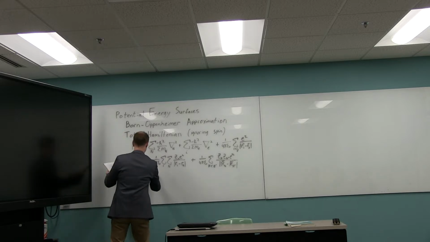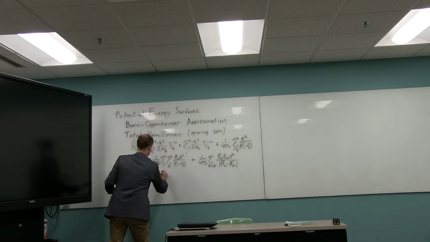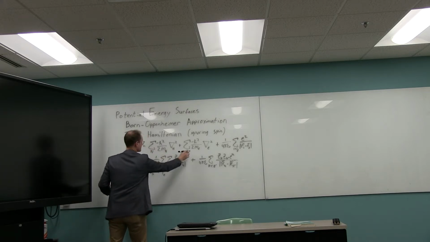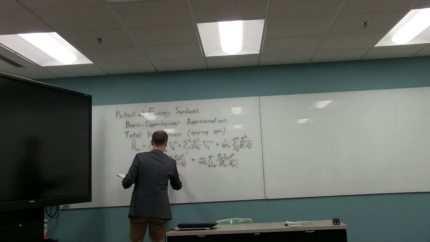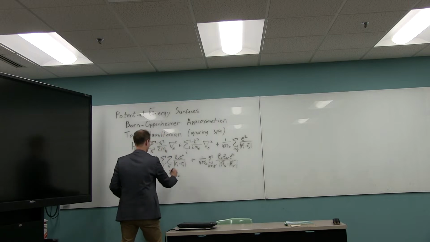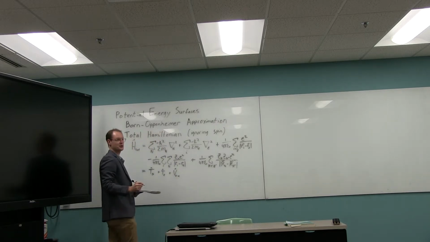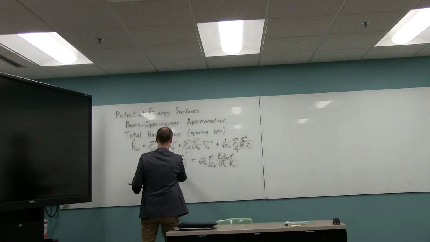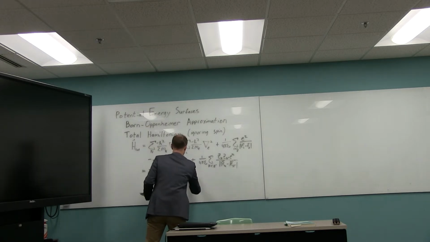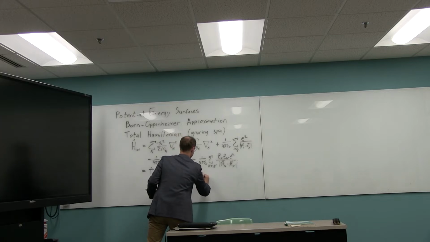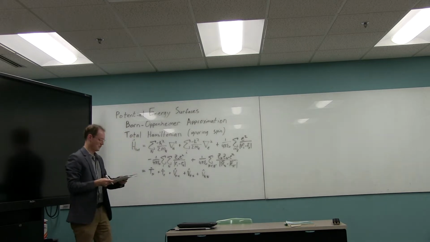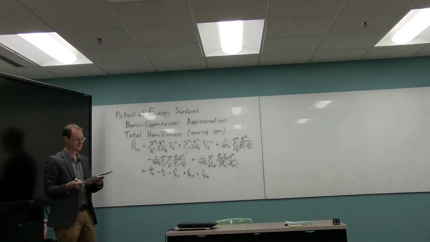We can just call this the kinetic energy operator for the nuclei plus the kinetic energy operator for the electrons, plus the electron repulsion potential operator, plus the electron-nuclear attraction operator, plus the nuclear repulsion operator. Okay?